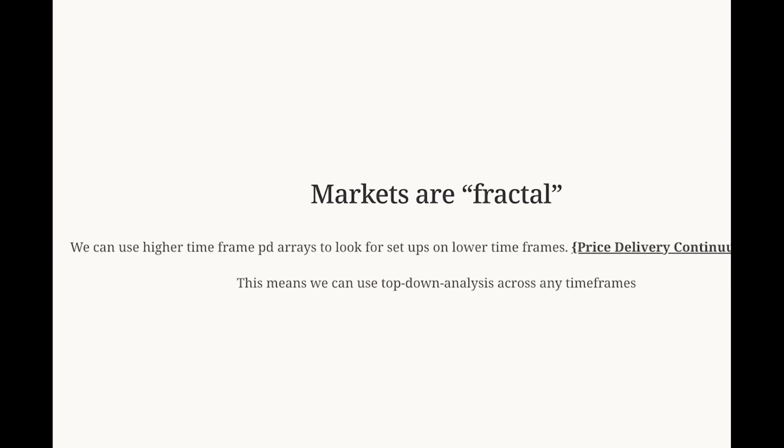So always remember that markets are fractal. We can use higher time frame PD arrays to look for setups on lower time frames, which is price delivery continuum theory. This means we can use top-down analysis across any time frames. So what do I mean by that? Basically, you want to look at your correlated time frames. I'm not going to go exactly through how I utilize correlated time frames in this video. Join up the Discord, it's in there.